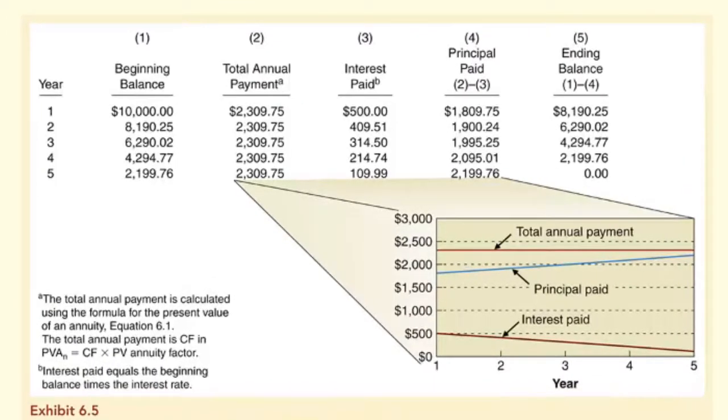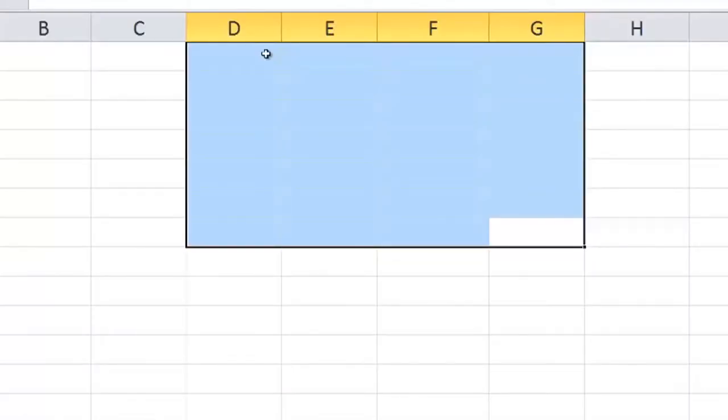Given these characteristics, a 5-year loan with a principal of $10,000, 5% interest, annual payments, we can calculate the payment amount such that you can pay this fixed amount every year and the loan will be paid off in 5 years. The way we'll do that, we'll use the present value of an annuity formula. So you can refer back to that equation. That's equation 6.1 in your book.